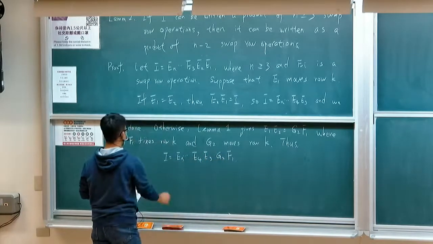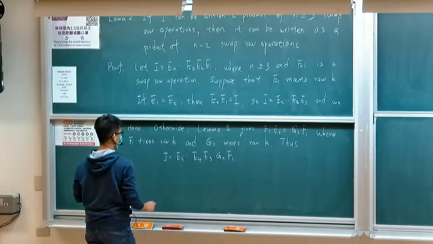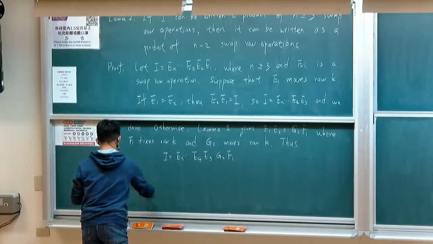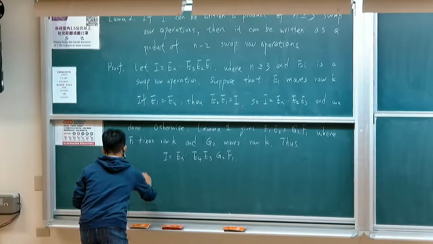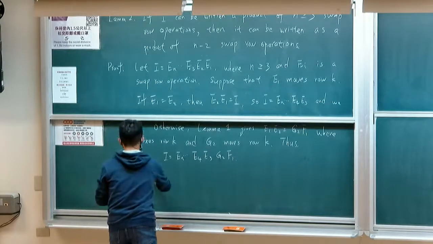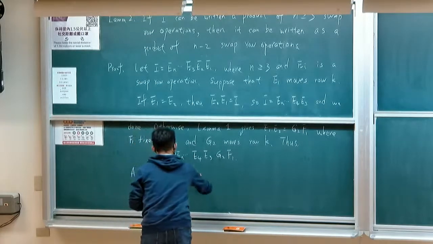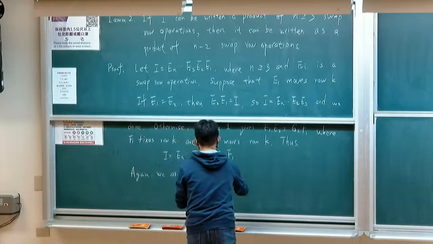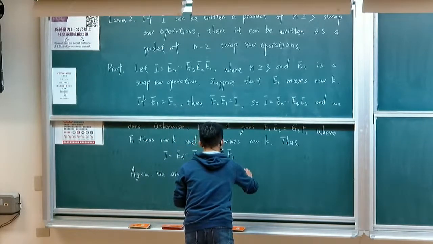Then we can express the identity matrix as n-2 swap row operations. Again, we are done if G2 is equal to E3.